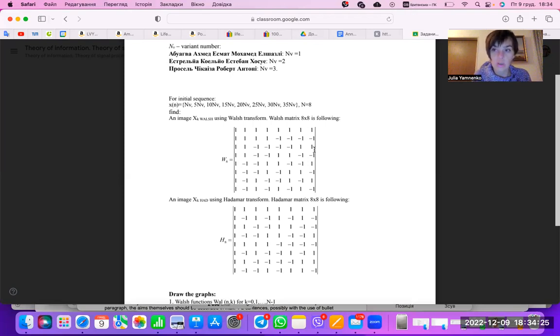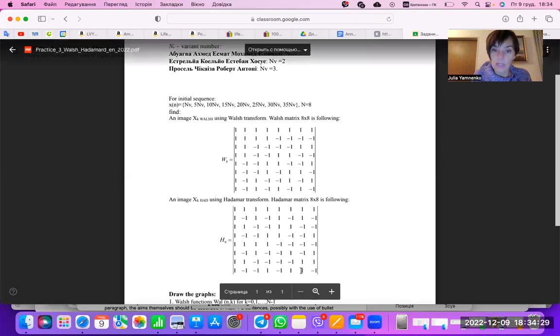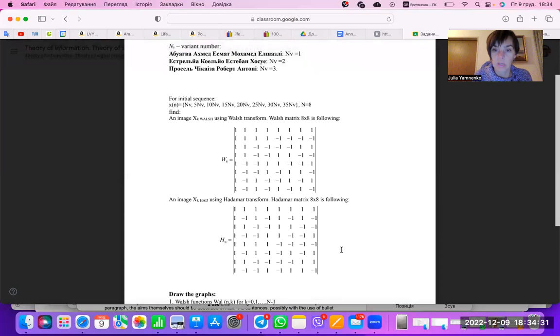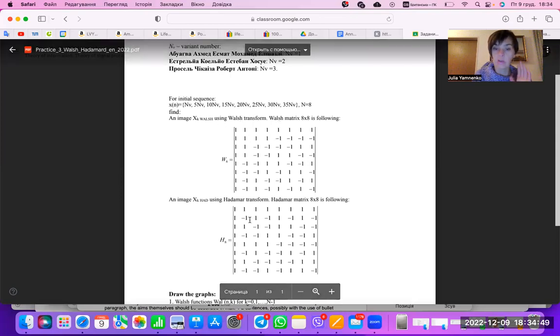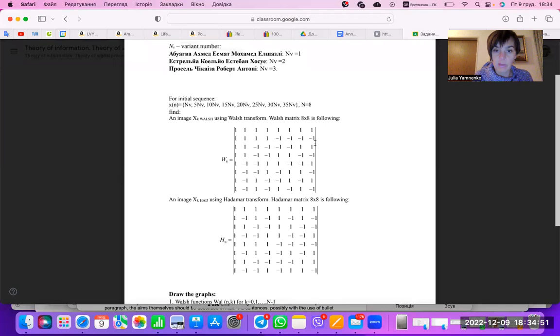The second tip for how you can check yourself is that these two matrices, Walsh and Hadamard, should contain the same rows, but the order of these rows is different. The first row is always 1, 1, 1, 1, here and here. Then let's look at the second row: 4 times plus 1 and 4 times minus 1.